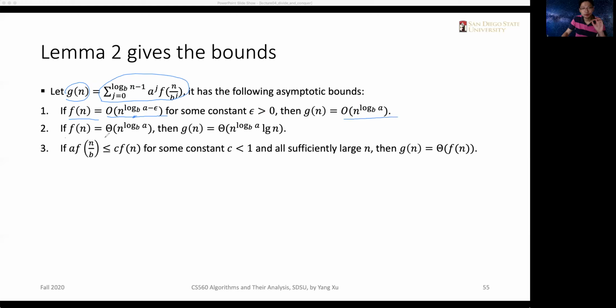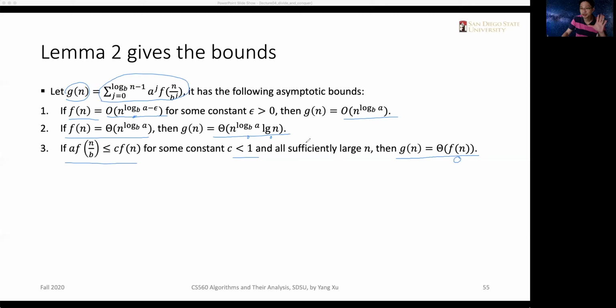If they are equally fast, then g of n is in this form, the polynomial times logarithm of n. And if the regularity condition is satisfied for c smaller than 1, then the function can be represented by the f of n term. That's basically what Lemma 2 says.